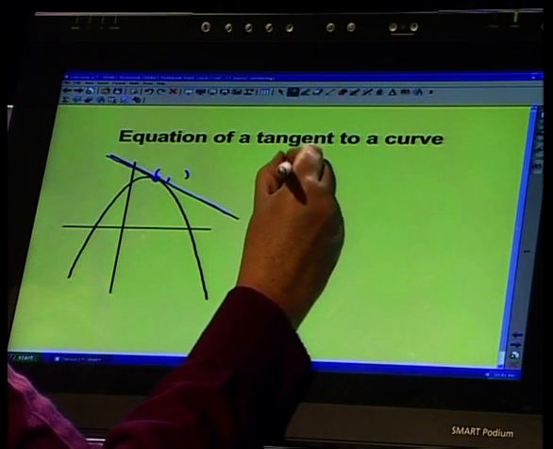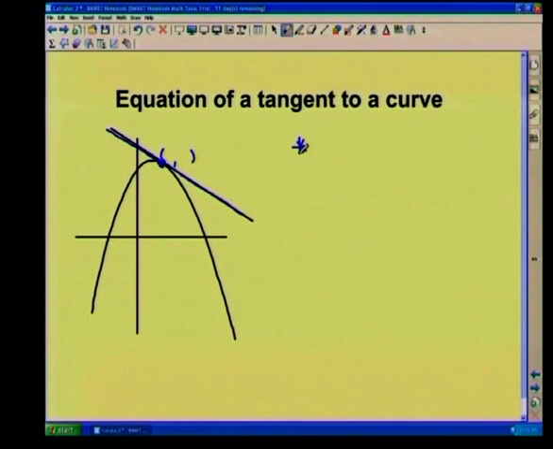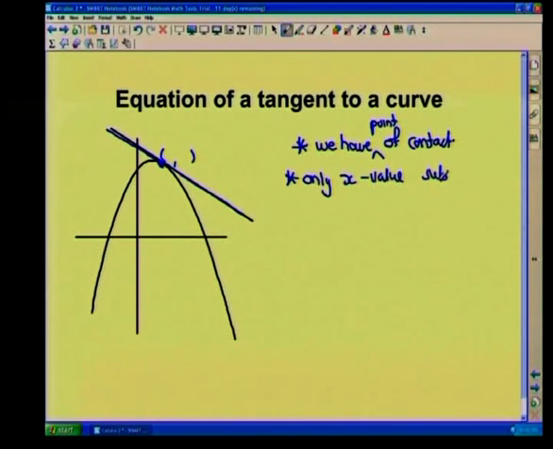So first thing we would do is we would see if we have the point of contact. Okay, if we have it, then we have no problem. We might only have the x value. So if we have only the x value, we would substitute back into the equation of the parabola to find the y.